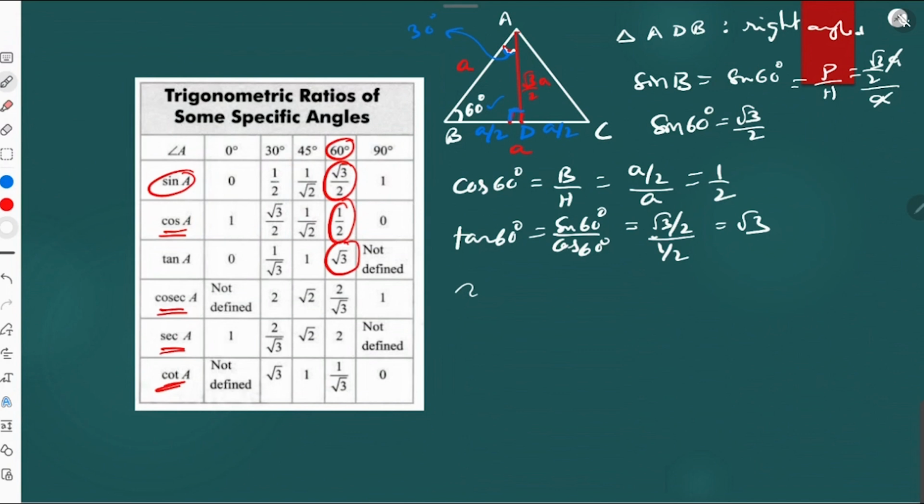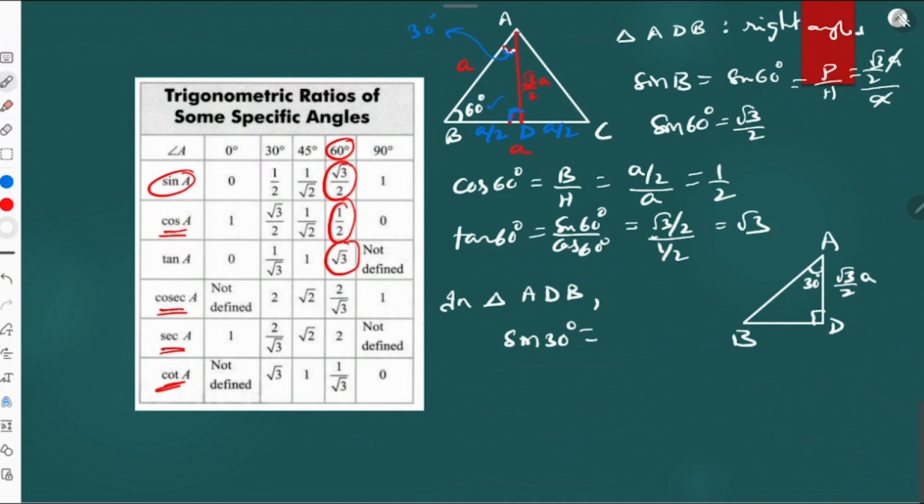So in the triangle ADB, with reference to the angle A, if you take sine 30 degrees, let's look into that triangle again. At A, it is 30 degrees, and this height is root 3 by 2a, perpendicular, base is a by 2, and the hypotenuse is a.